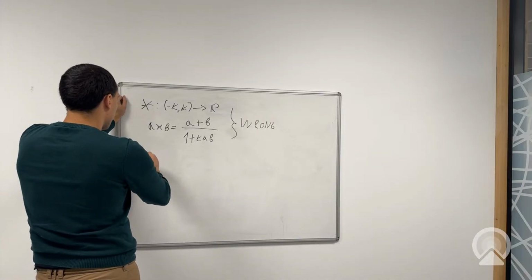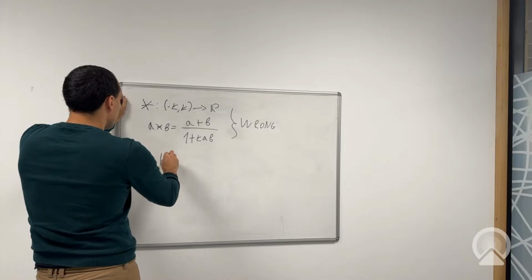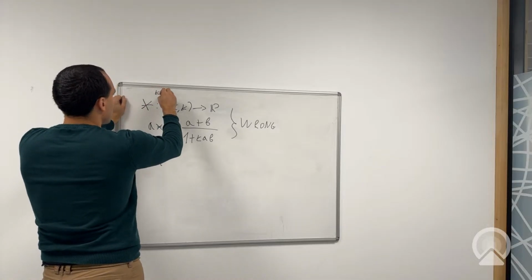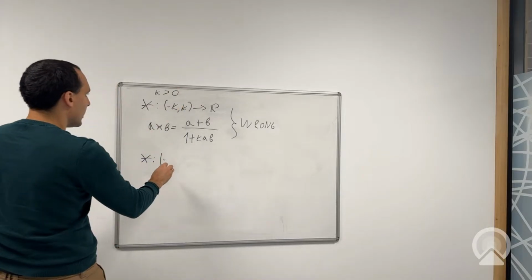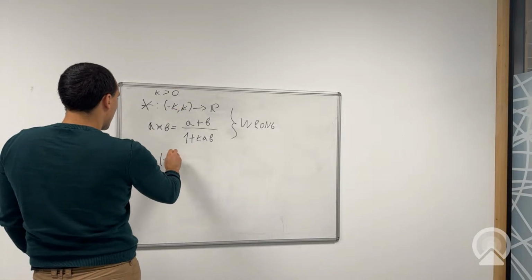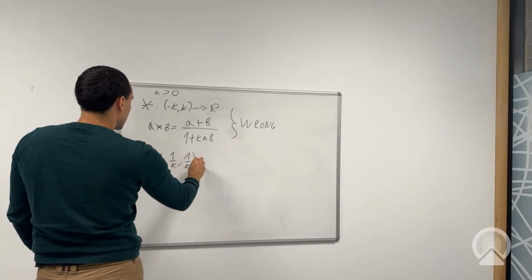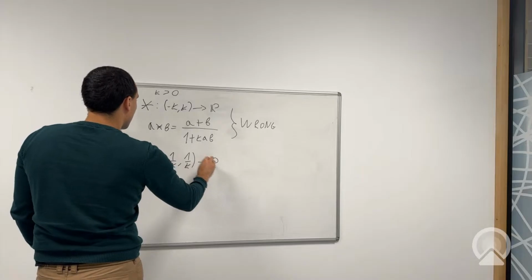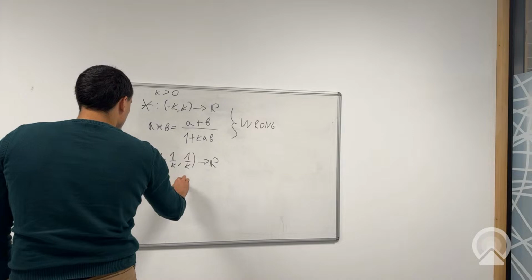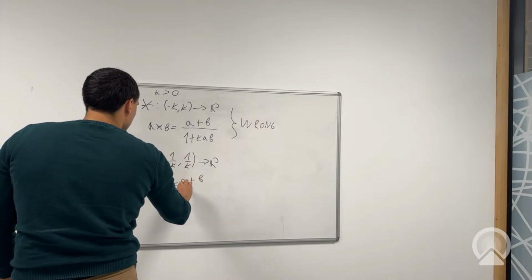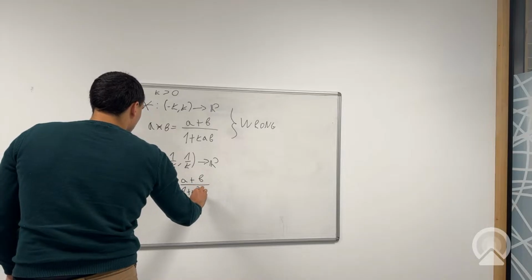Here k is a positive real number. Star is from minus 1 over k to 1 over k to R, and the operation is given by a star b equals a plus b over 1 plus k squared ab.